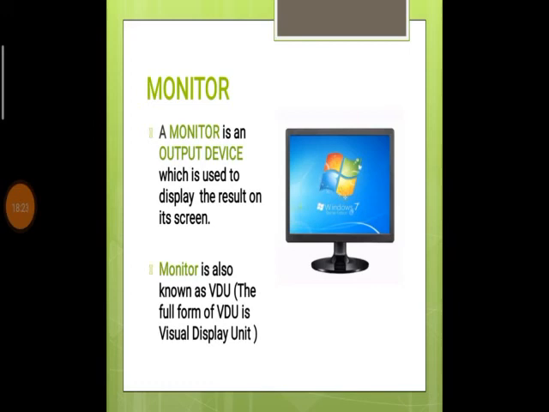It is the most commonly used output device. Monitor is also known as VDU, which stands for visual display unit.